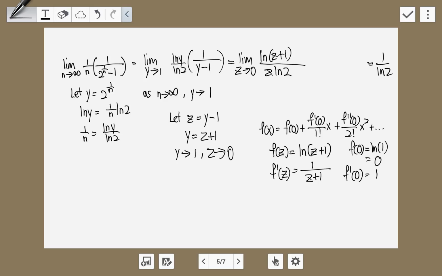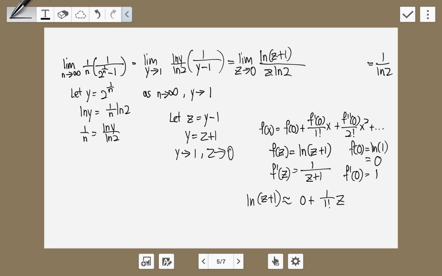Then we have the Maclaurin expansion: ln(z + 1) is approximately equal to f(0), which is 0, plus 1 over 1 factorial times z. I can go on, but it doesn't mean anything because z squared is even smaller than z. This should be a z, sorry, because our expansion is in terms of z.